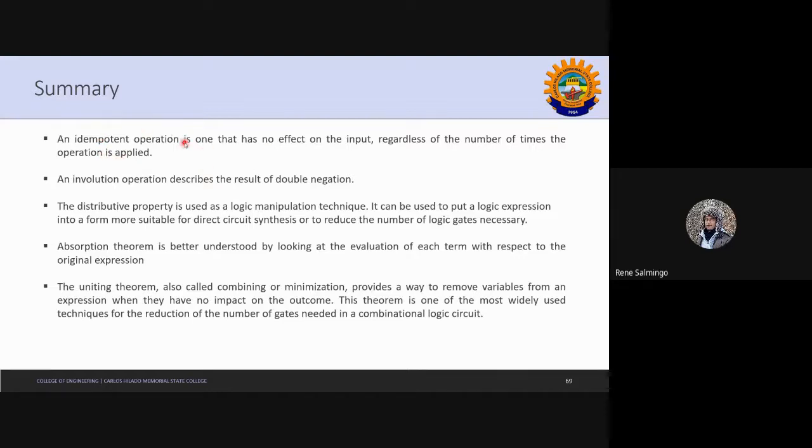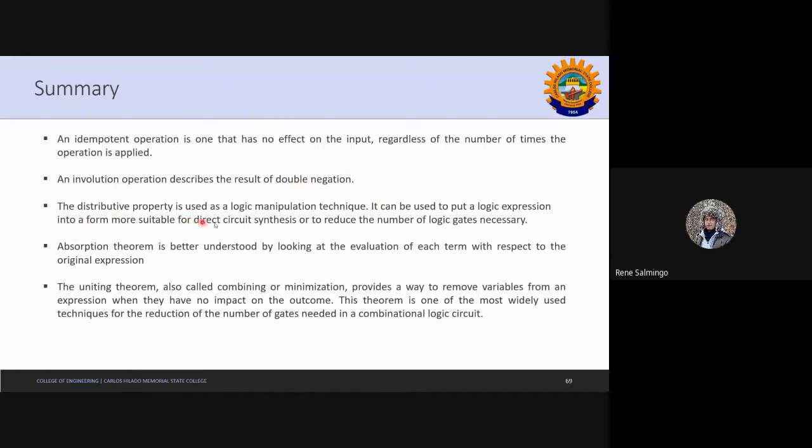For example, 1 million of A is still A, and 1 million of B is still B, if you use OR or AND. Also, involution describes the results of double negation.